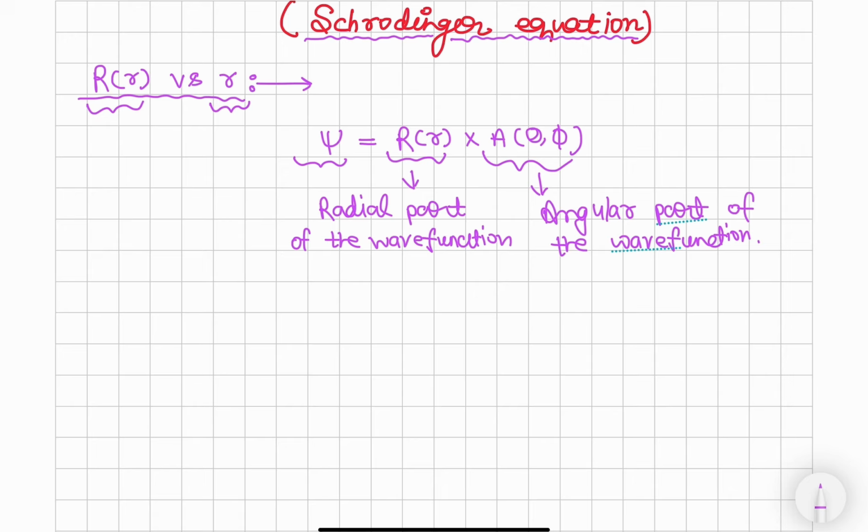So the graph which we are drawing is R(r), the radial part of the wave function, versus r, the distance from the nucleus.